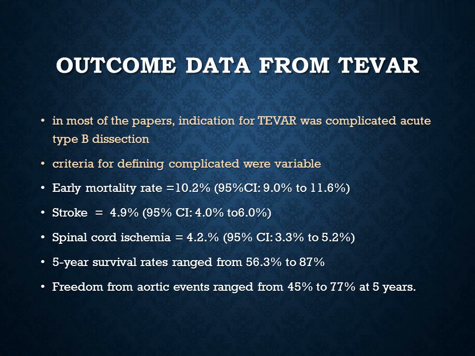Stroke equals 4.9%, 95% CI 4.0% to 6.0%. Spinal cord ischemia equals 4.2%, 95% CI 3.3% to 5.2%. 5-year survival rates ranged from 56.3% to 87%. Freedom from aortic events ranged from 45% to 77% at 5 years.